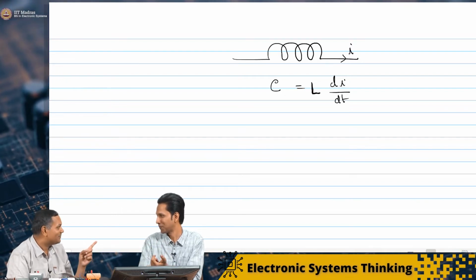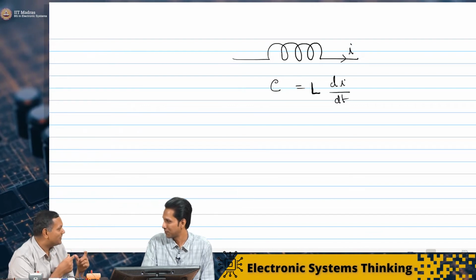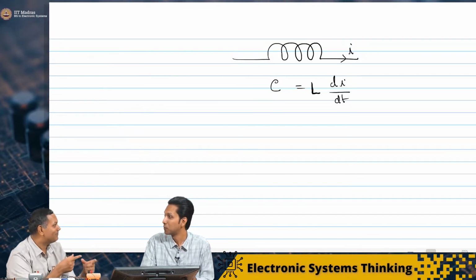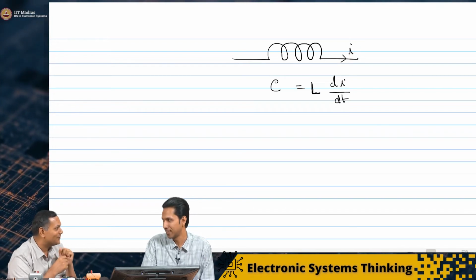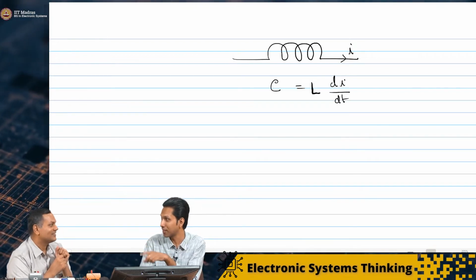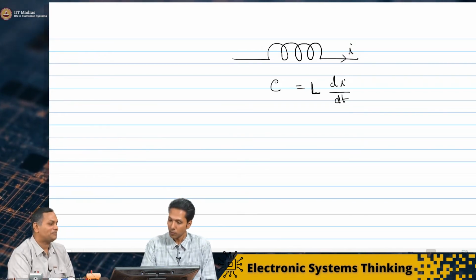I have done an experiment. I took an iron nail, I connected it to a permanent magnet, and that also started attracting things. So maybe that has something to do with the magnetic property of the nail. Yes.